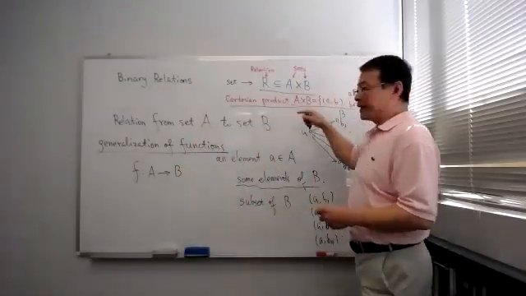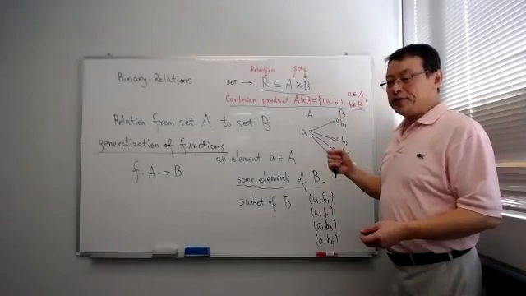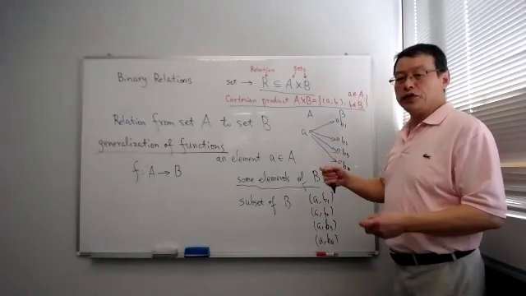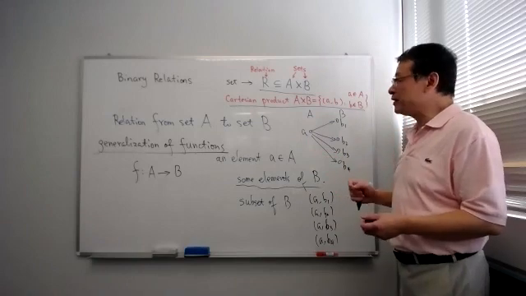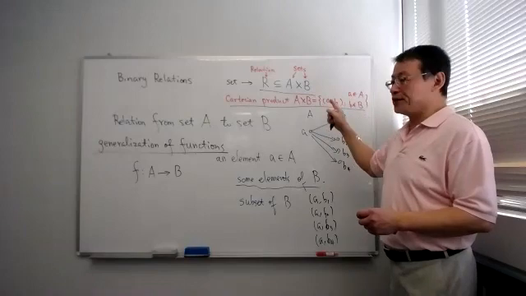Now, a relation can be described by a function. If we use the terminology of function, we can also use it to describe a relation, but it's better to describe it in this way.